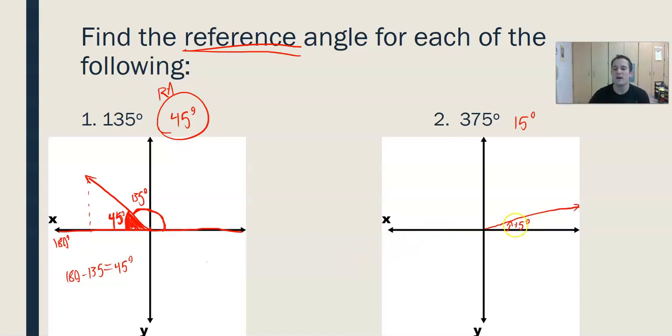Now, what is the angle between this terminal side and the x-axis, or this angle right here? Well, in this case, since 15 degrees is in the first quadrant, the actual coterminal angle, 15 degrees, is also the reference angle. So the reference angle is 15 degrees. The angle between this terminal side and the x-axis is 15 degrees.